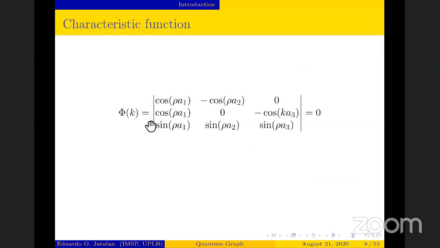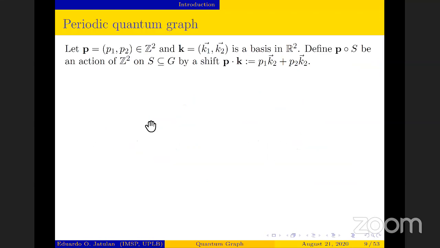Okay, so now we have the idea for characteristic functions, but the quantum graphs that we are going to consider here are not actually finite. So we're going to have an infinite quantum graph. It means that the edges are infinite, so the number of edges is infinite. Specifically, we are going to consider periodic quantum graphs.